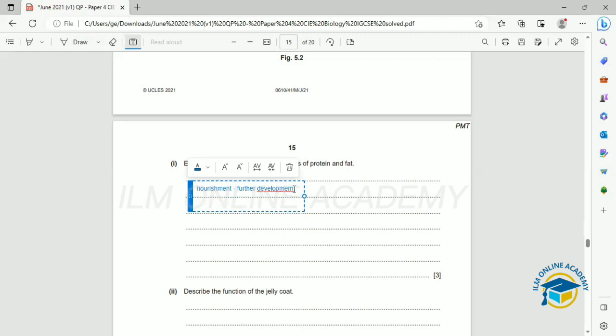And next, with that, the proteins and fats for making enzymes, cell structures, membrane structures, so on and so forth.